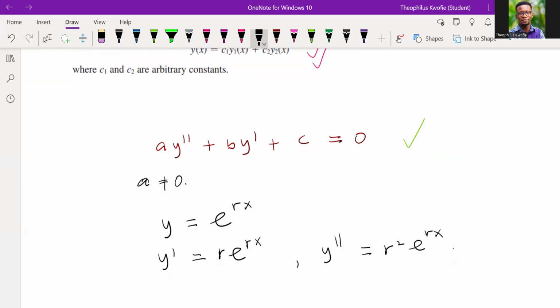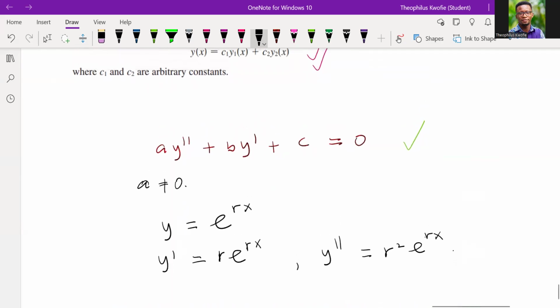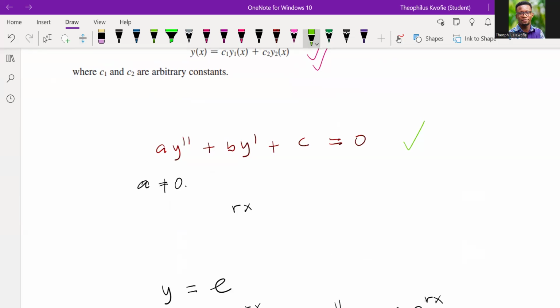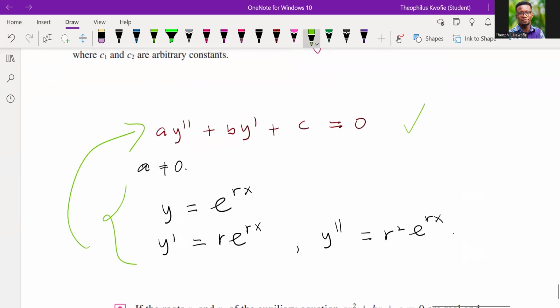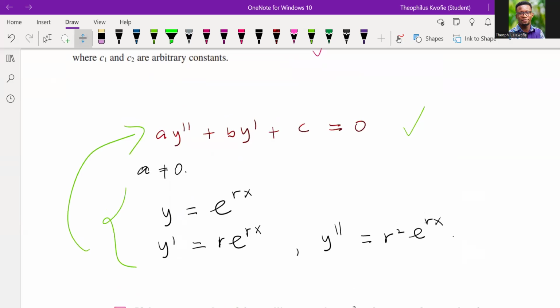Now, for example, if we plug this back into this equation, we are going to have an interesting result.